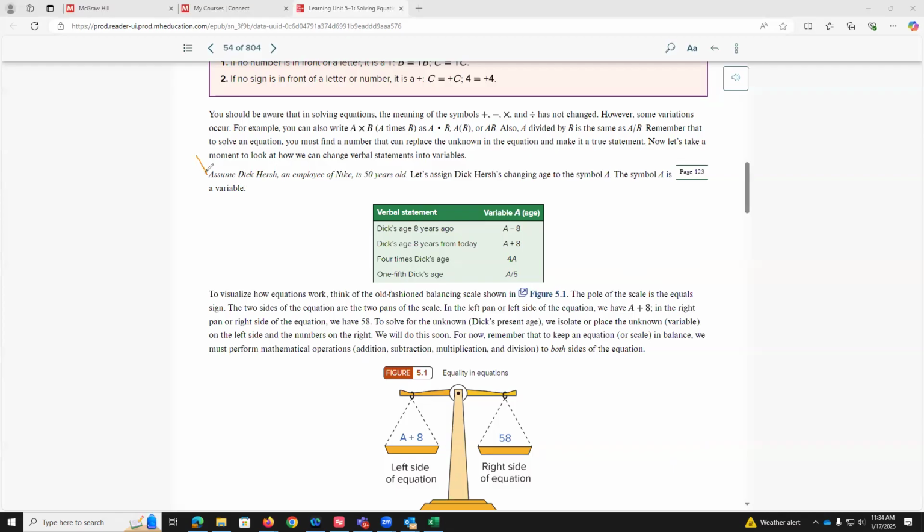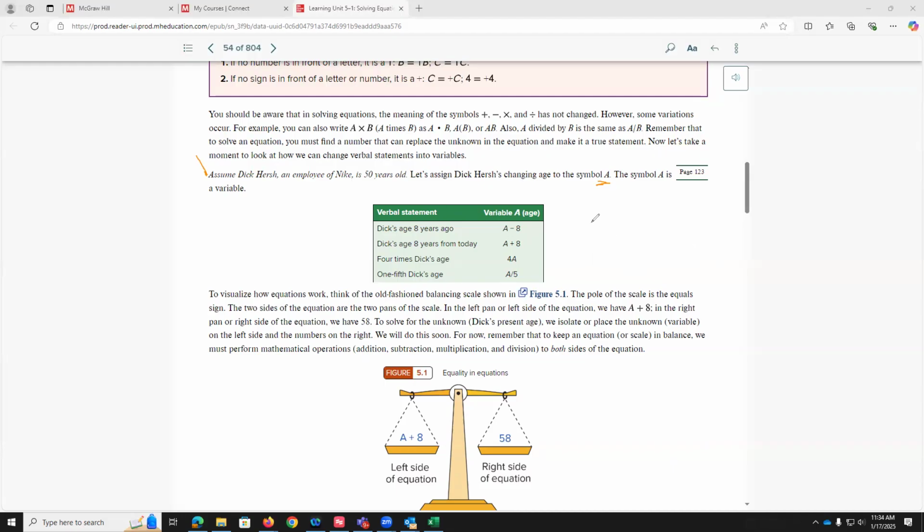So let's take a look at this problem here. It says, assume Dick Hirsch, an employee of Nike, is 50 years old. Let's assign Dick Hirsch's changing age to the symbol A. The symbol A is what we call a variable. So that is the thing that's going to change.